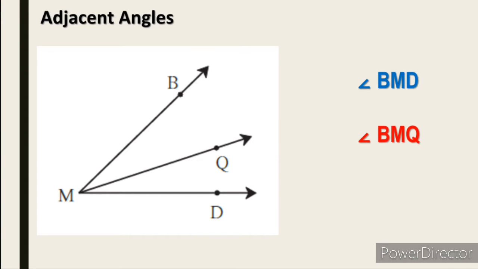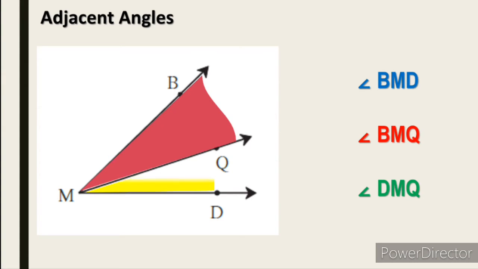One angle is BMQ. I have marked it with red. And another angle is DMQ. I have marked it with yellow color. So can you see angle BMQ and DMQ have a separate region inside the angle? Both the angles share the same arm. The name of that arm is MQ.